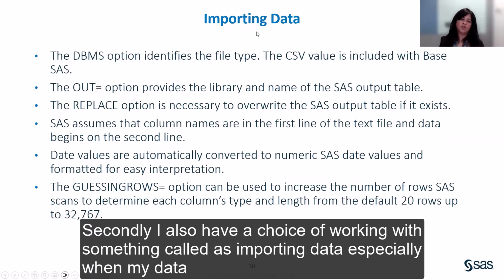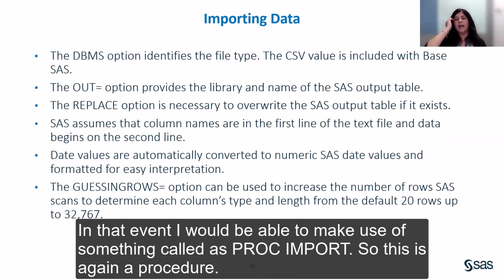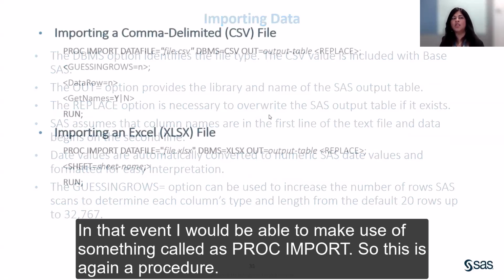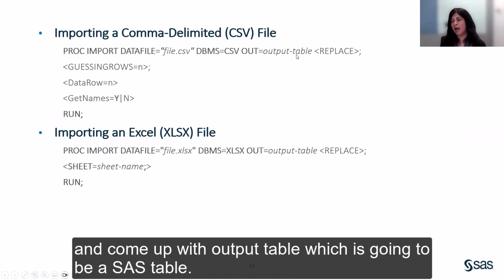Secondly, I also have a choice of importing data, especially when my data is in some different format and I'm not able to directly access it. In that event, I would make use of proc import. This is again a procedure, called proc import. That will help me work with my CSV files and come up with an output table, which is going to be a SAS table.